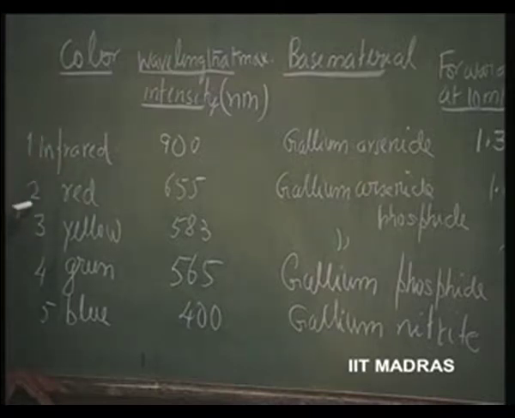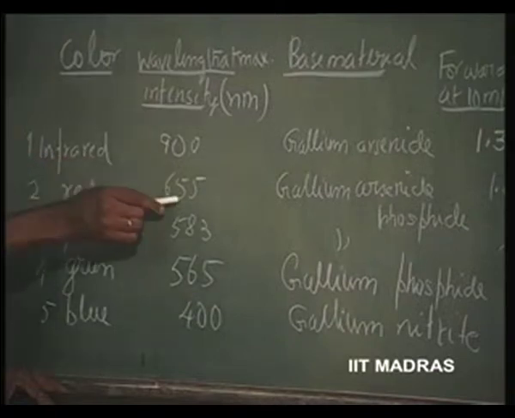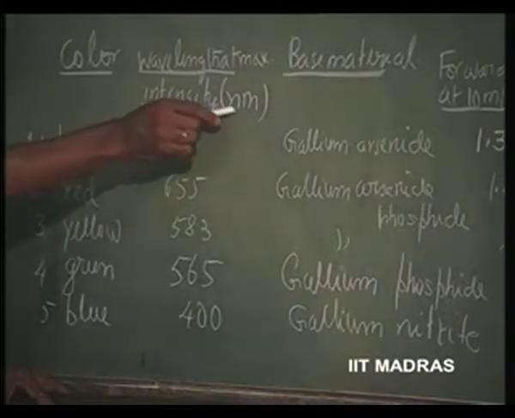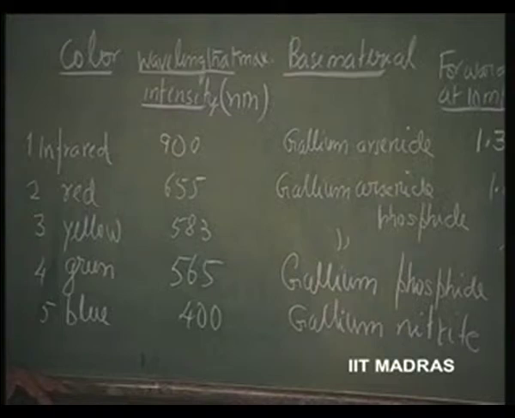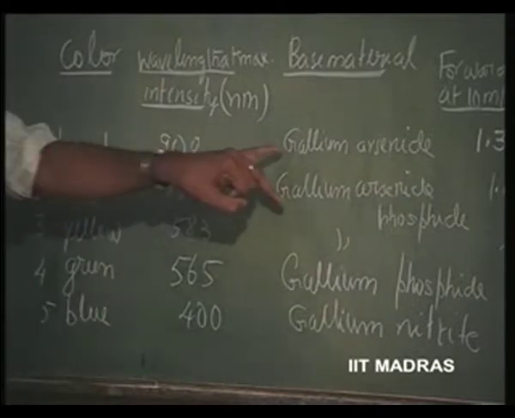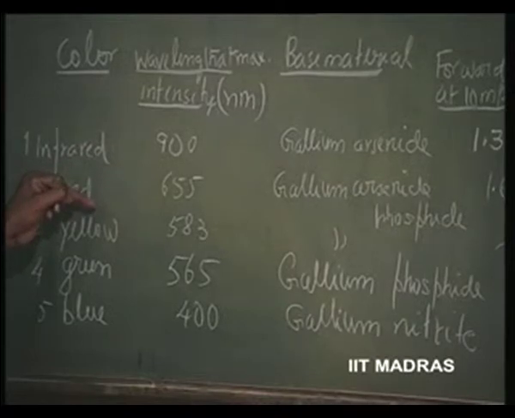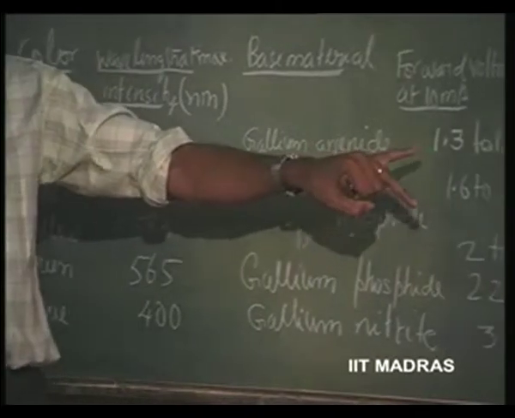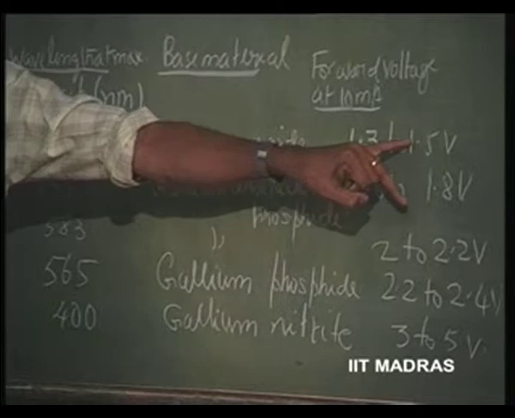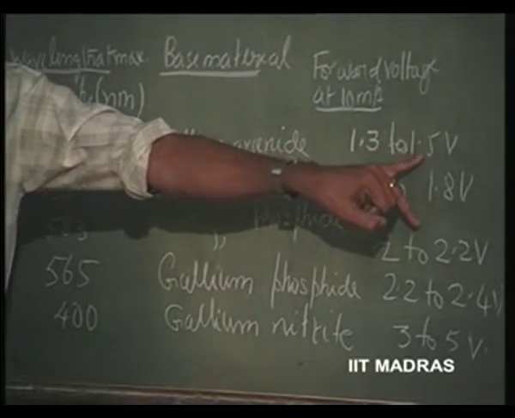Infrared is at 900 nanometers, that is the wavelength of this particular light, and gallium arsenide is the material which gives you this color, and the forward voltage is 1.3 to 1.5 volts.